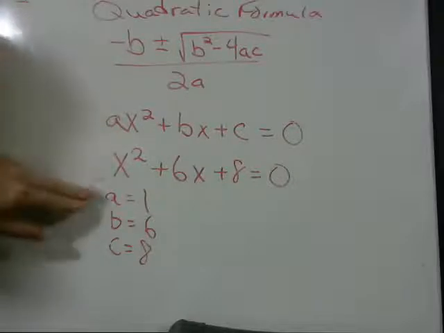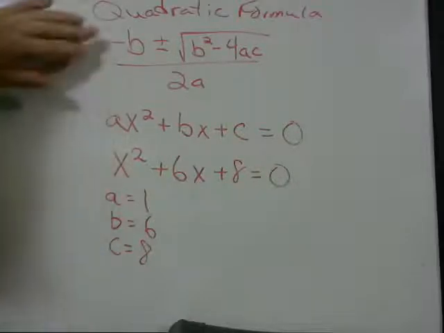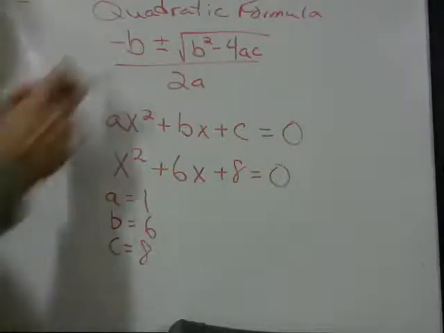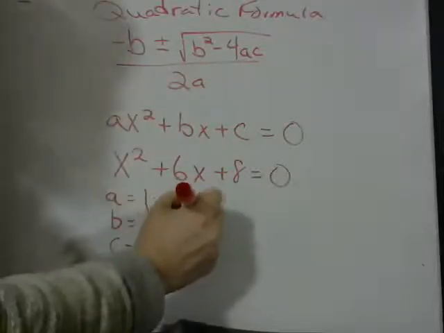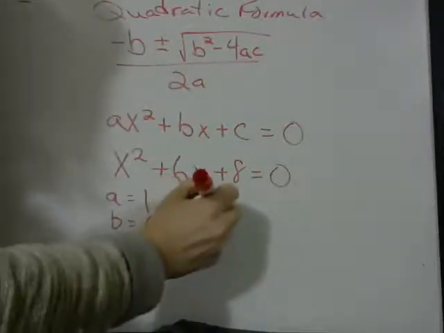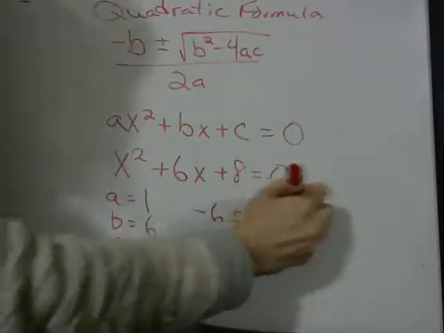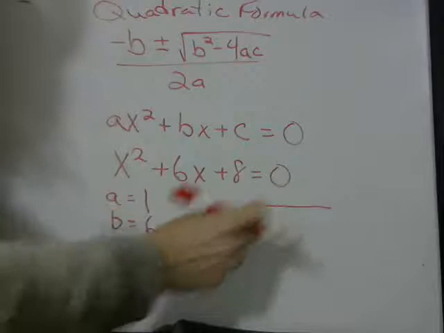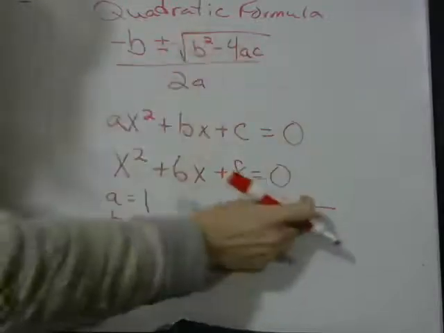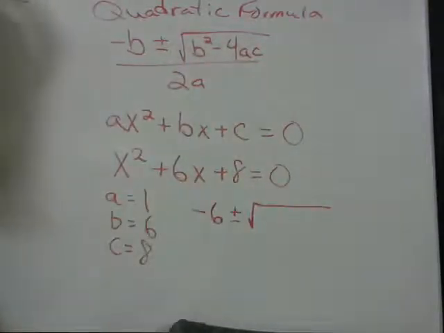But once you have a, b, and c, all you do is plug those in up here. So we just write negative b, b is 6. Negative 6, plus or minus, don't worry about the plus or minus right now, the square root, and all of this is under the square root, so make sure you make the square root long.